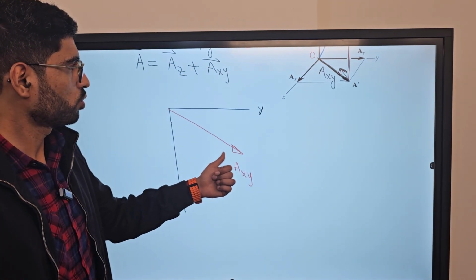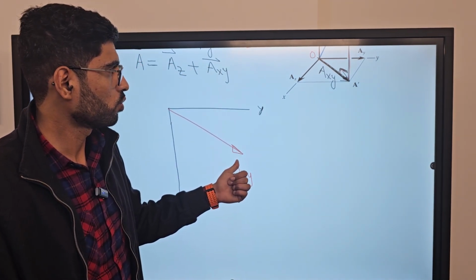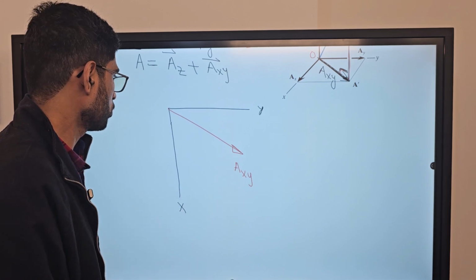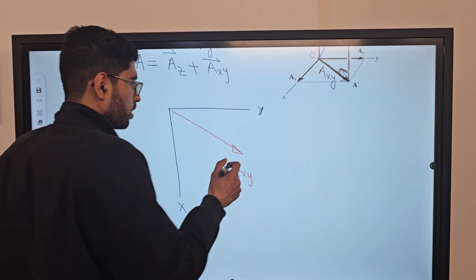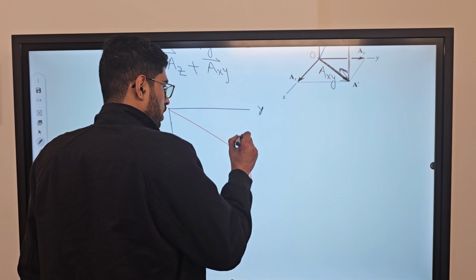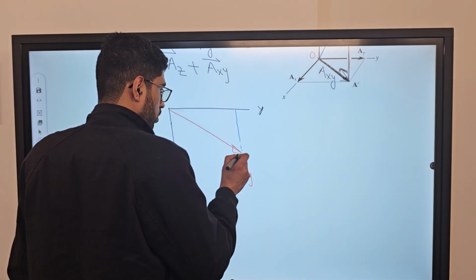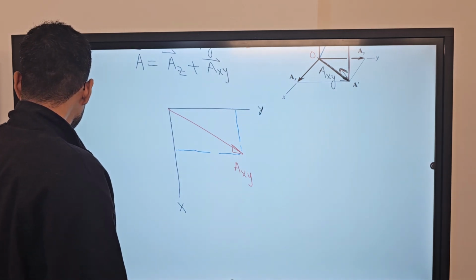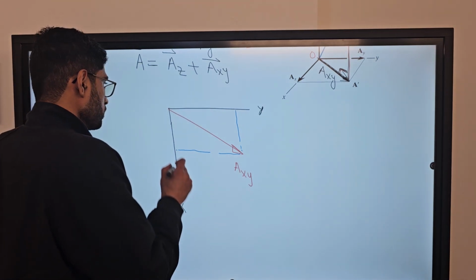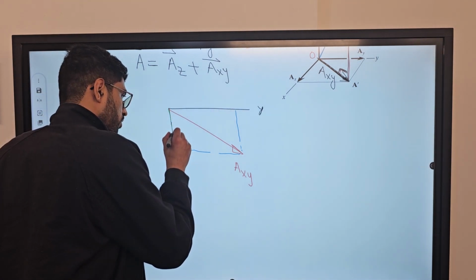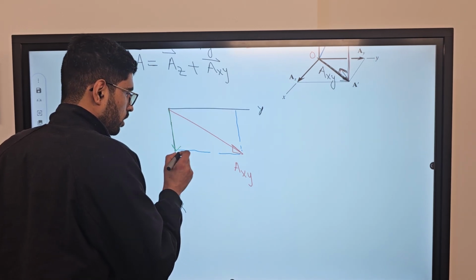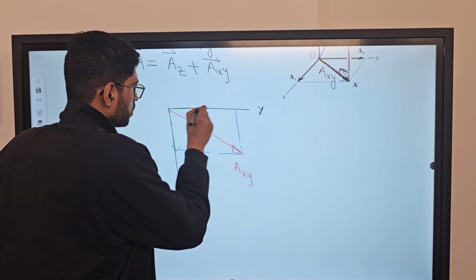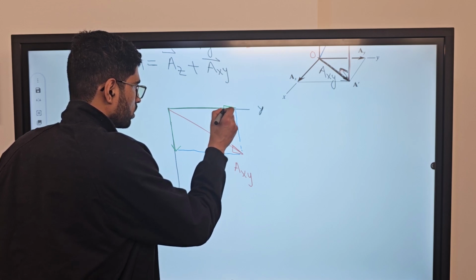Now to write this axy into two further components, we need to project two perpendicular lines from the head of this axy onto the y and x-axis respectively. If I draw a vector from the tail of this axy onto the point of intersection, similarly we can draw another vector like this.